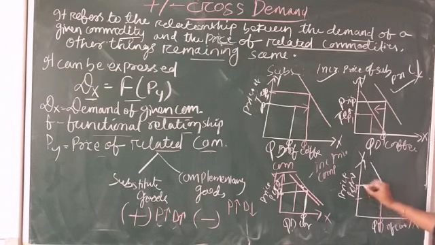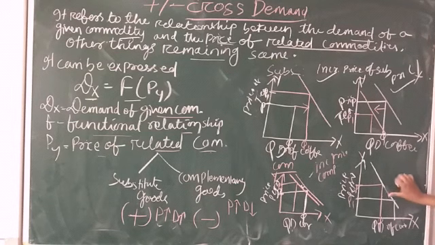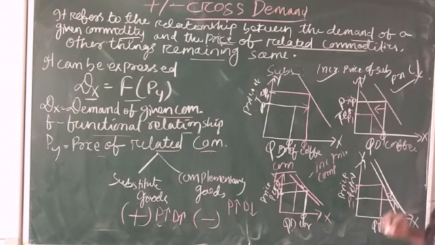If the price decreases from P to P1, then quantity demanded will also increase because this is the case of complementary goods. So the demand curve will be like this. That means there is a rightward shift of the demand curve if the complementary goods price decreases.